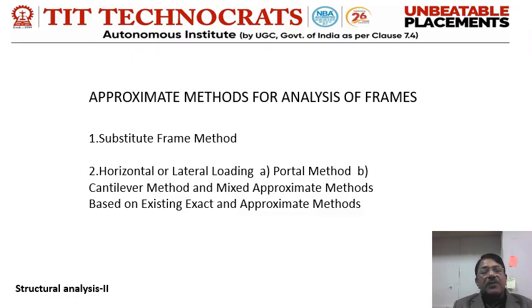However, in the case of high-rise buildings, there are some methods. Primarily, the first method is the substitute frame method. We replace the original problem with some analogous substitute frame, and that is analyzed by different methods. For horizontal and lateral loading due to wind loads, the portal method is employed, or the cantilever method, and a mixed approximate method based on the existing exact and approximate methods may be employed.